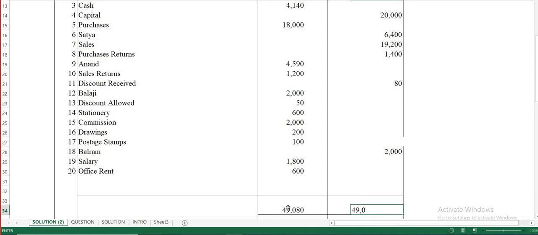So you have to enter debit column 49,080 and credit column also 49,080.